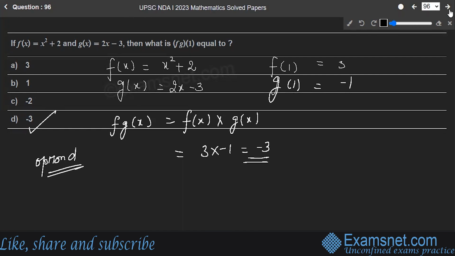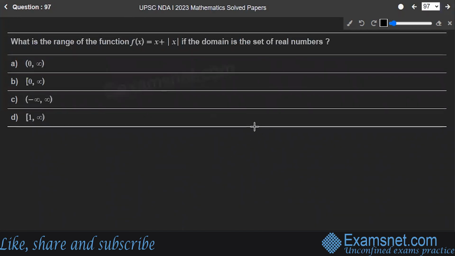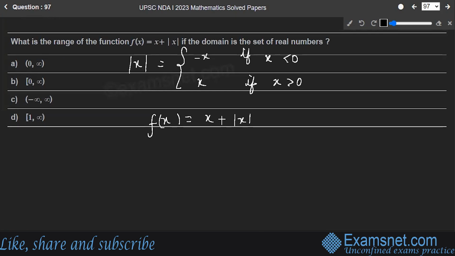Hope you got this. Next, question number 97. What is the range of the function fx is equal to x plus mod of x if the domain is the set of real numbers? You know, mod of x is equal to minus x if x is less than 0, and plus x if x is greater than 0. Now, fx is equal to x plus mod of x.